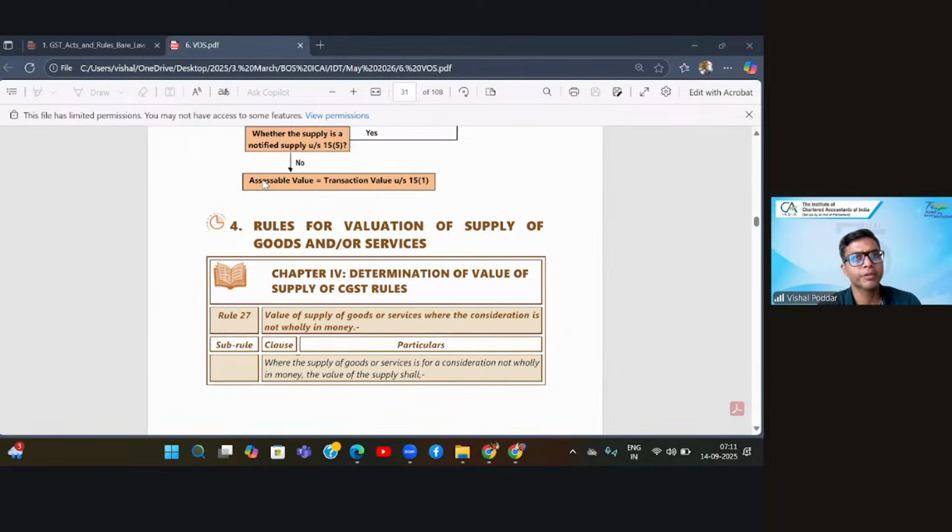So what is this point? Let us say I am providing you CA services. Let us say you want to file an appeal and I will be filing that appeal. You have appointed me for filing this appeal. Now when I am filing your appeal, I will be incurring some additional cost in the form of printing the number of sets for appeal.